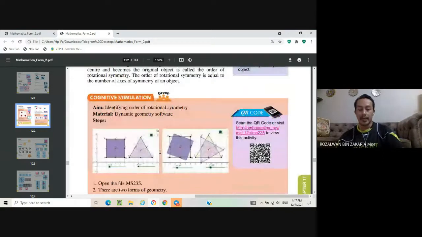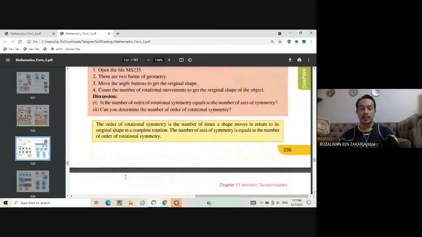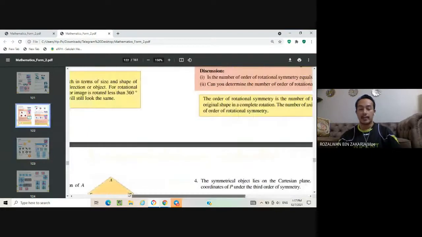It is the number of times a shape moves to return to its original shape in a complete rotation.